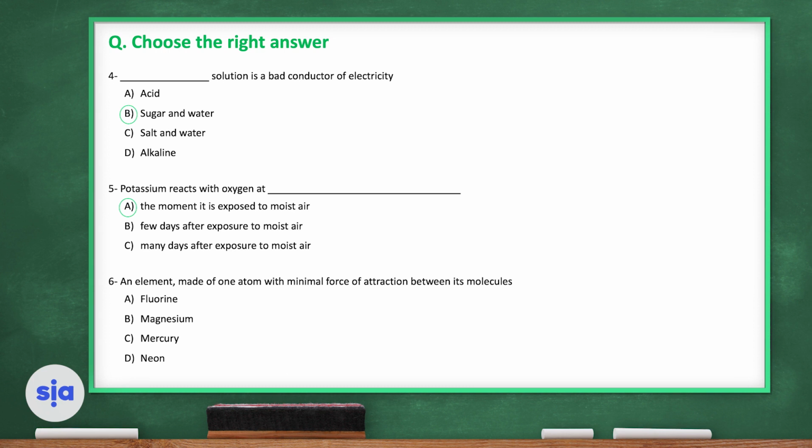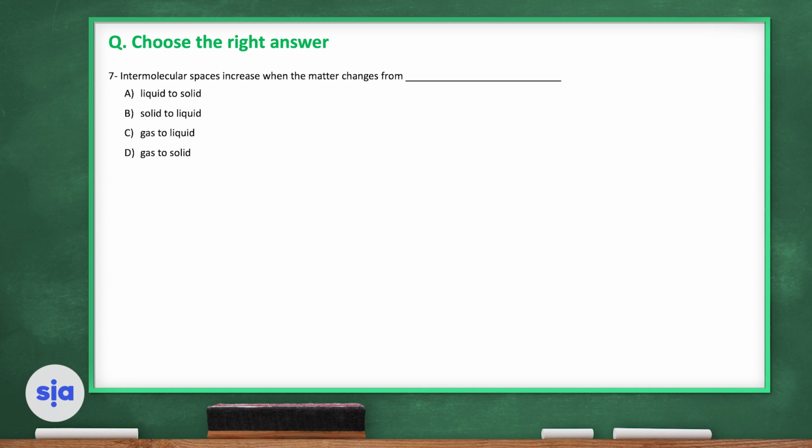Which gases are made up of one atom only? The noble gases. So the example here is neon. Intermolecular spaces increase when the matter changes from liquid to solid, solid to liquid, gas to liquid, gas to solid. Of course, solid to liquid.